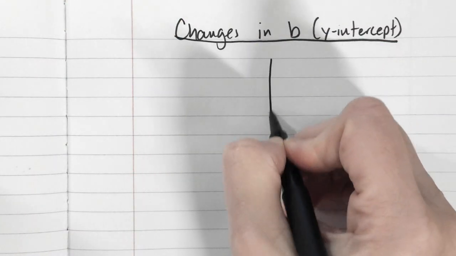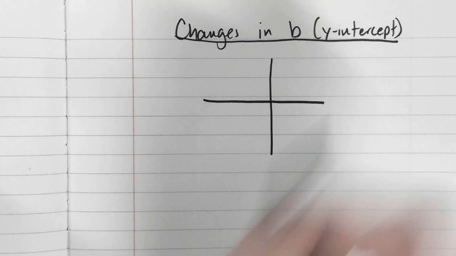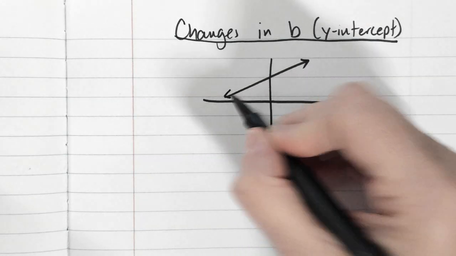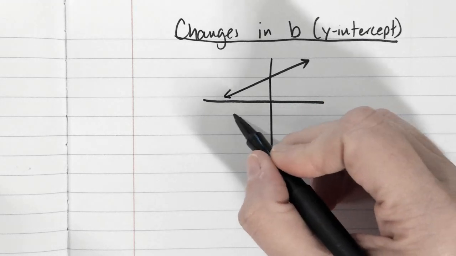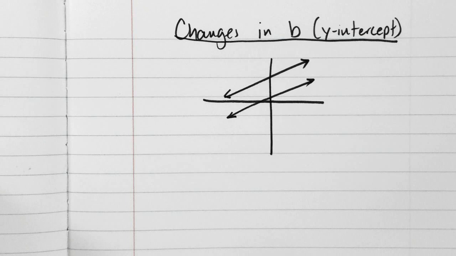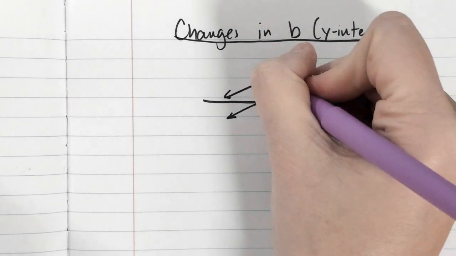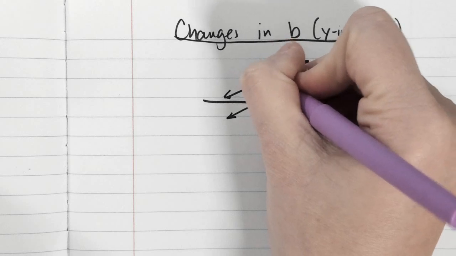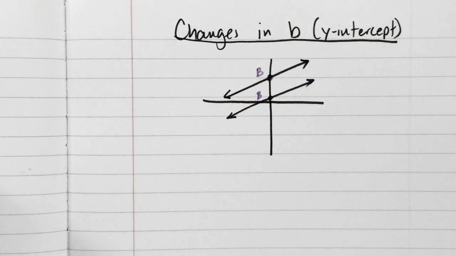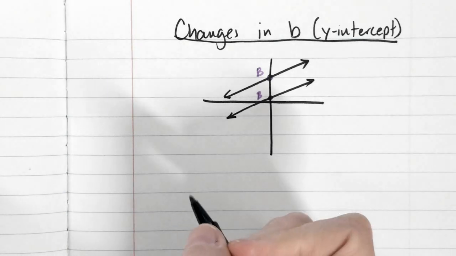Okay, so when I look at y-intercept, let's draw two lines, one here and one there. Now, these two lines happen to be parallel, but that doesn't necessarily matter. In this case, I have two different b values, right? We're not worried about slope right now. We're just looking at y-intercept.